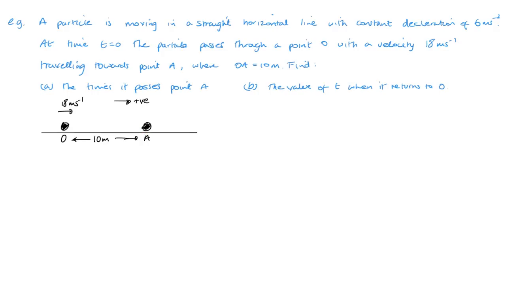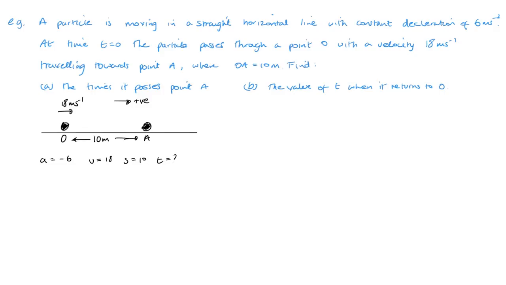Okay, so we know that a is minus 6 because it's deceleration, and with positive direction, it's minus 6 in the opposite direction. We know that u is 18. We know that s equals 10. And we want to find the time t.